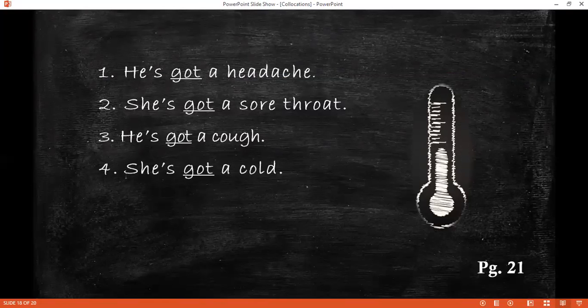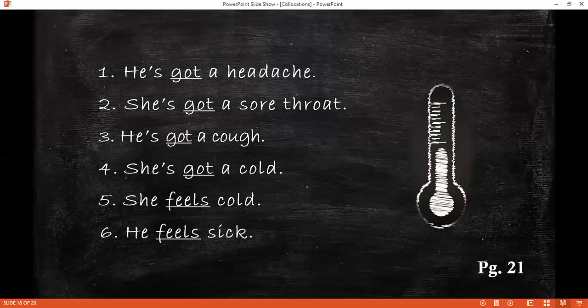Number 4, she's got a cold. Number 5 is she feels cold. Number 6 is he feels sick. If all are correct, put a tick. Otherwise, you have to do the correction just now.